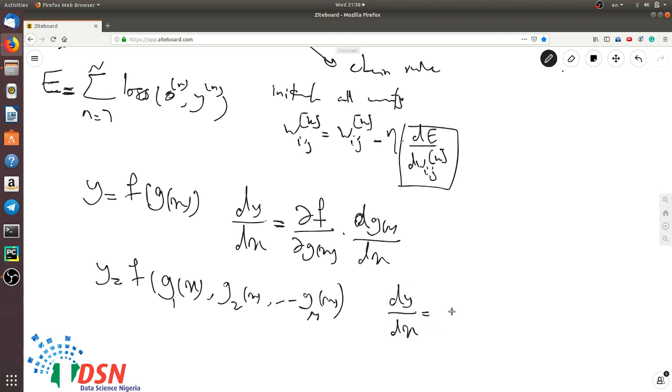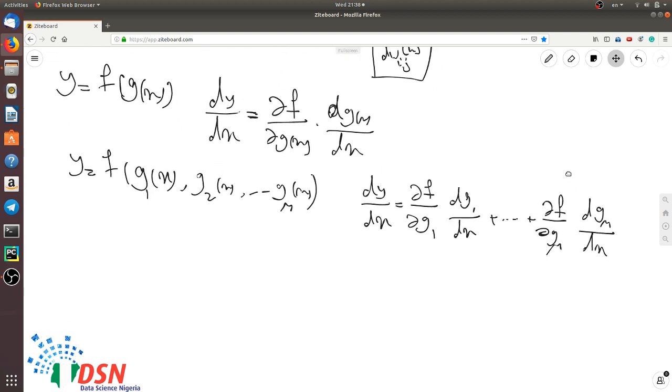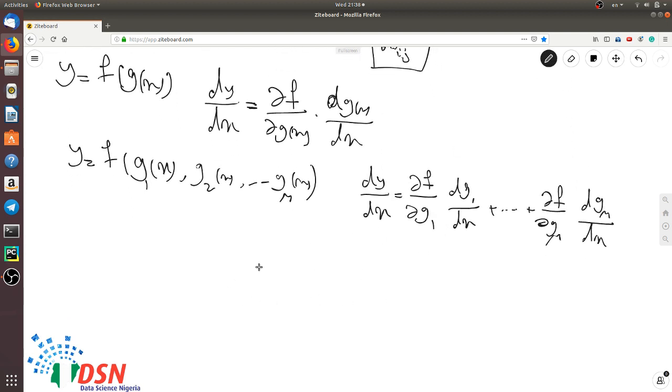So we could write this as the partial derivative of f with respect to g1 times the derivative of g1 with respect to x, and so on, up to the partial derivative of f with respect to gm times the derivative of gm. Okay, in other words, we could show this with something like this, which is really like a neural network.